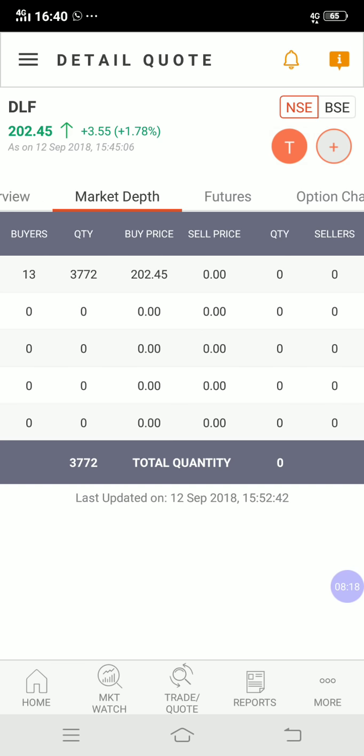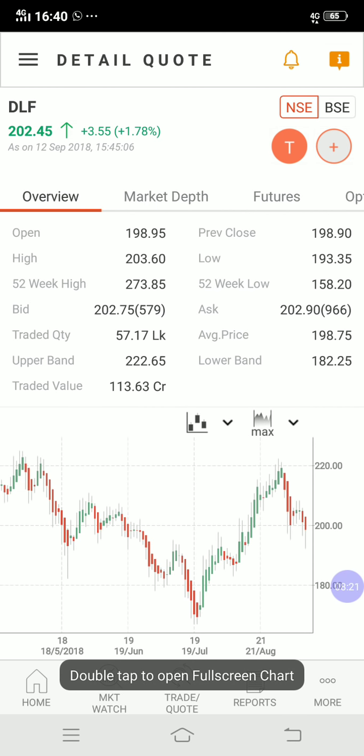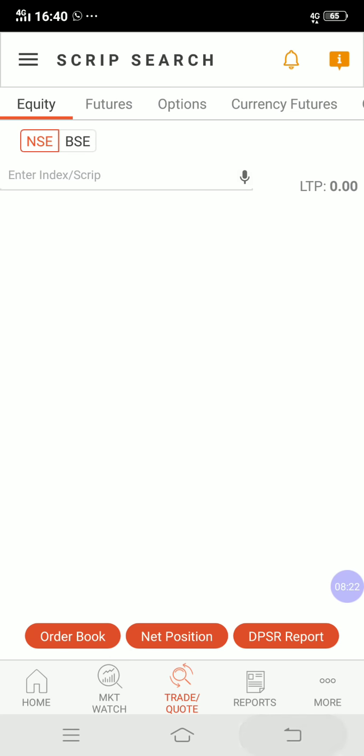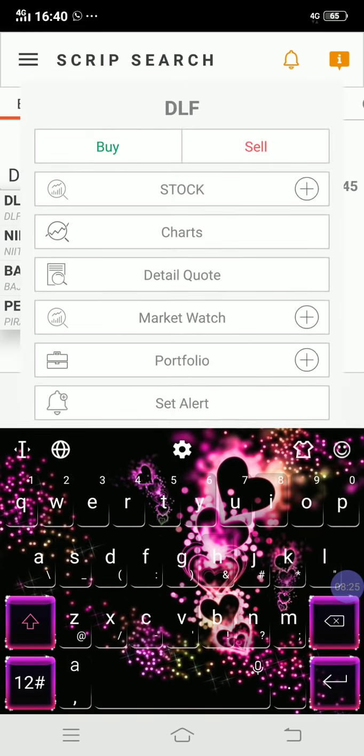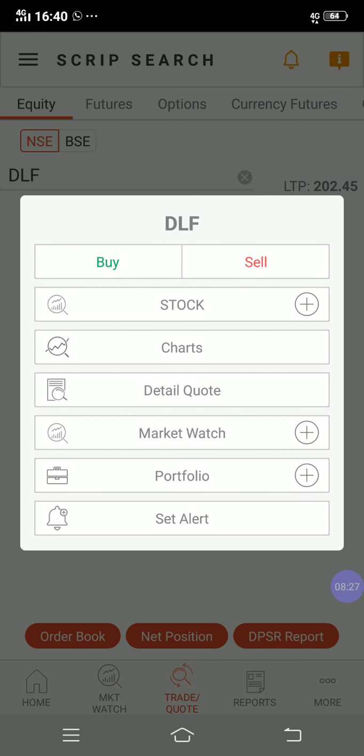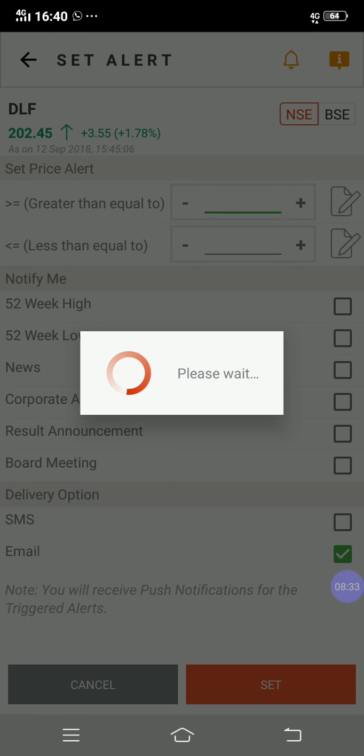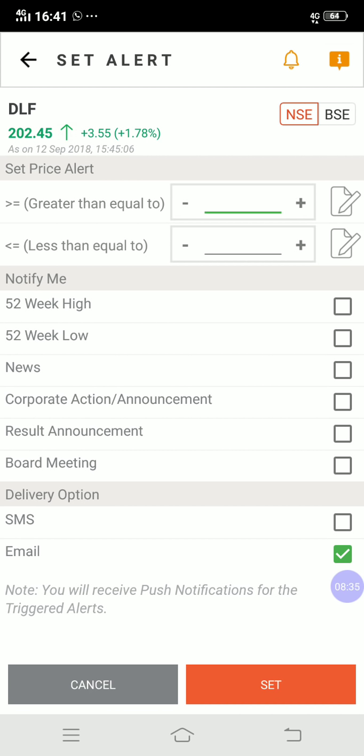Okay, and now overview. Now I want to set an alert. For example, say DLF. Okay, now it is at 202. I will put an alert for whether it is going above the resistance, for example 210.